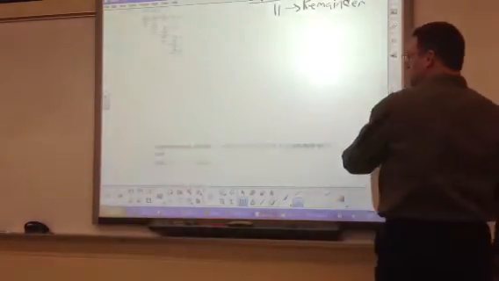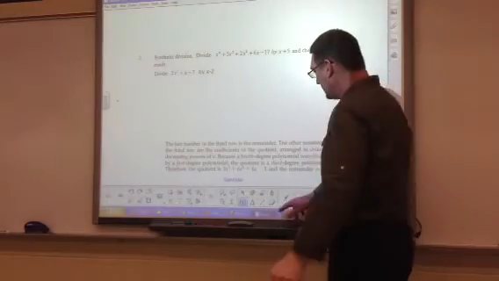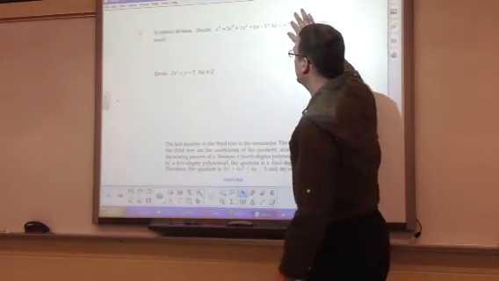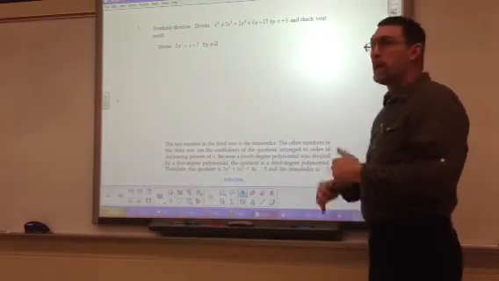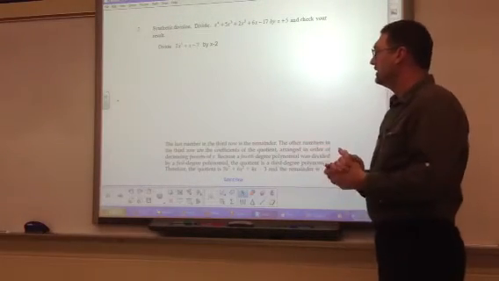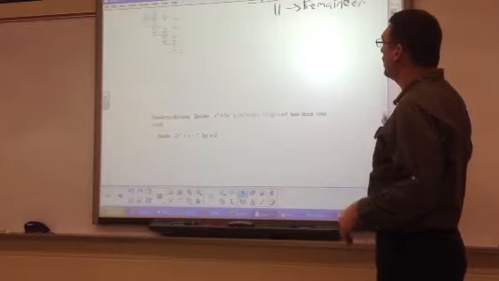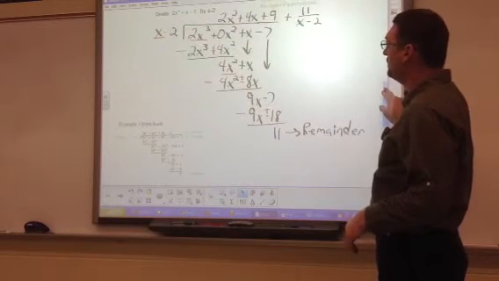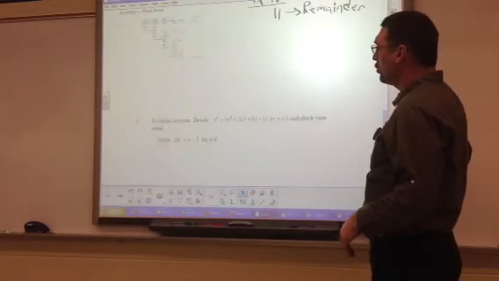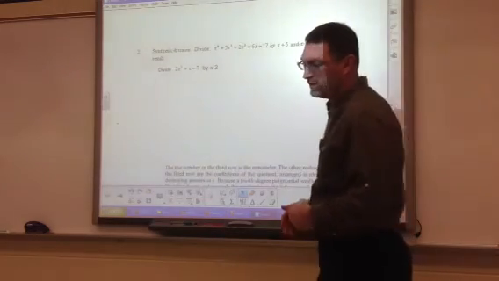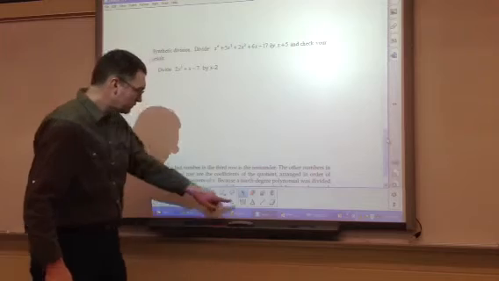Now the other type of division that you've done is synthetic division. I'm actually going to show you synthetic division using the same problem that we just used. Where I did all this work for long division, when I do synthetic division, we don't have to do quite as much work. So here's how I set up synthetic division.